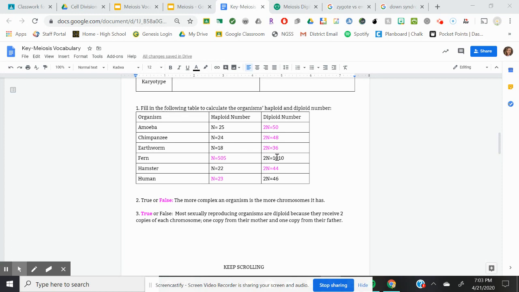A fern has 1,010 total chromosomes arranged in 505 pairs. Okay. Haploid number is 22 for a hamster. Diploid number is 44. For a human, our haploid number is 23, but our total number of chromosomes is 46. Okay. So 23 is haploid, 46 is diploid.